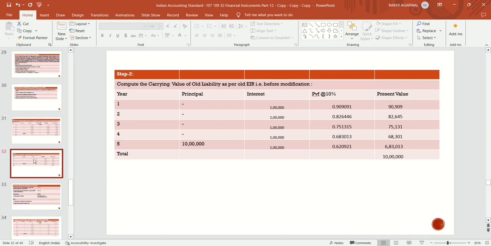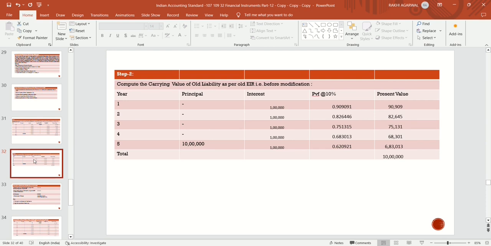So 1 lakh is to be paid as interest every year. Carrying value of the old liability as per the old effective rate before modification becomes the present value factor at the rate of 10%. So it becomes 10 lakh, because 1 lakh is the interest, 1 lakh into the present value factor, whatever we had computed to determine the present value.